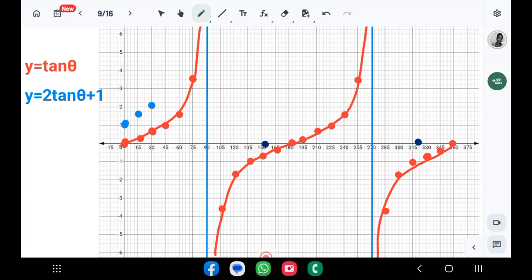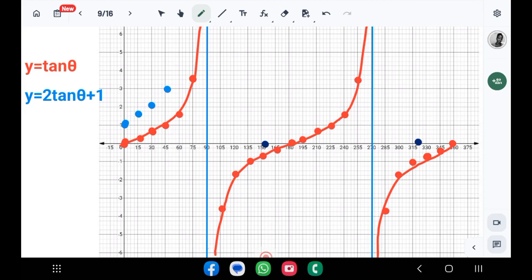All right. Next, you go 45. Okay, 2 tan 45 plus 1, and that should give you 3. So you just shifted that 2 units up. At 60 degrees, same thing.